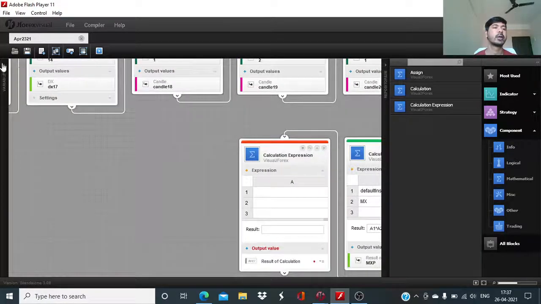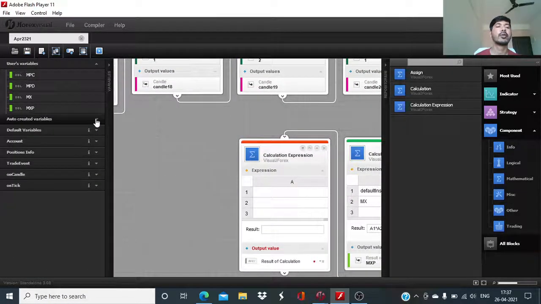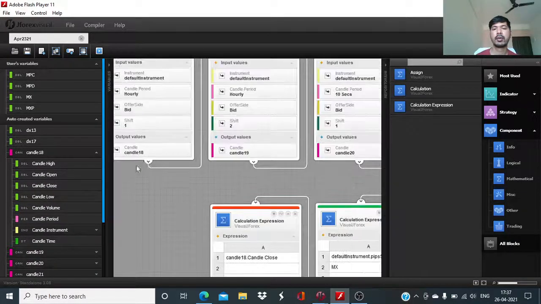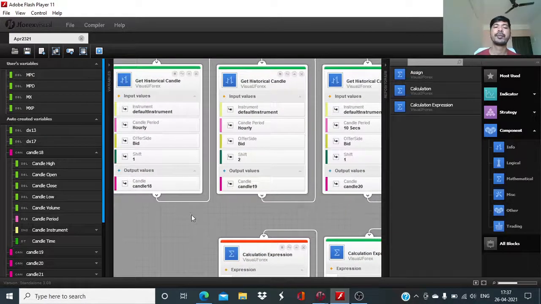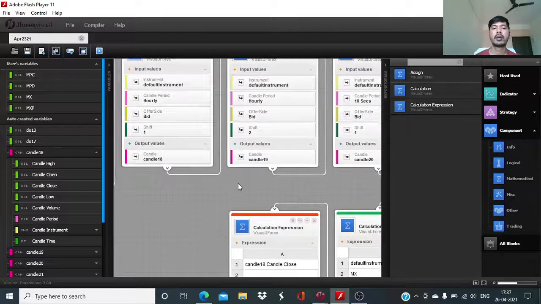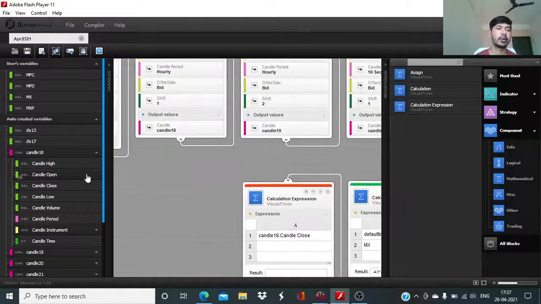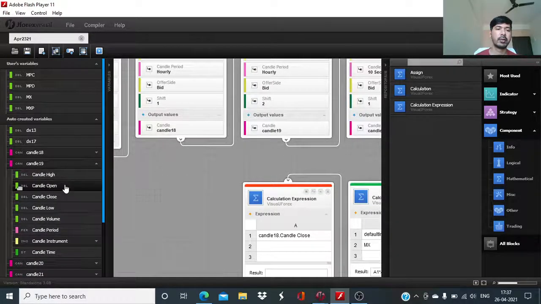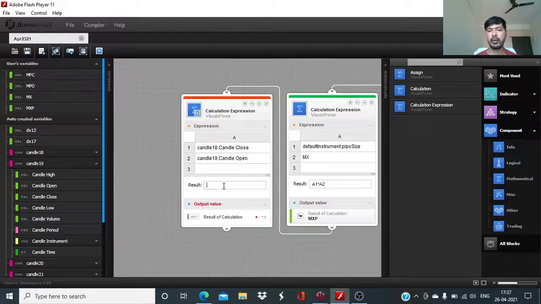Candle 18's closing value I will have to retrieve, and candle 19's, sorry, not close, opening value, and here we will do A1 minus A2.